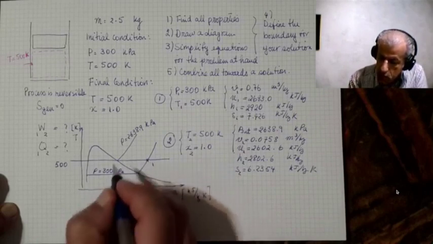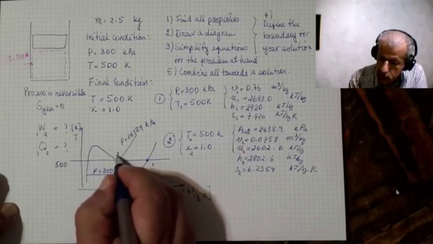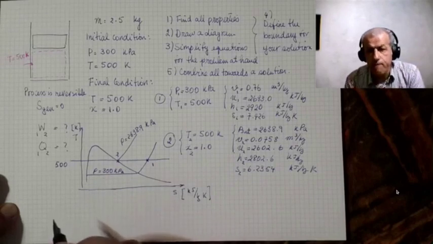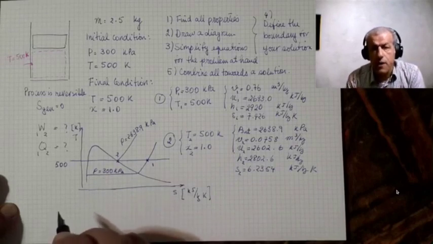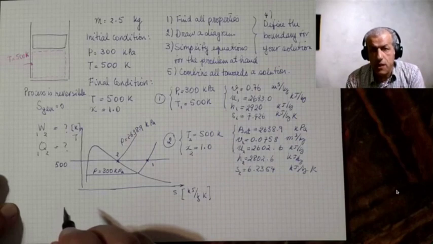This is point 1 and this is point 2. And our process is isothermal.